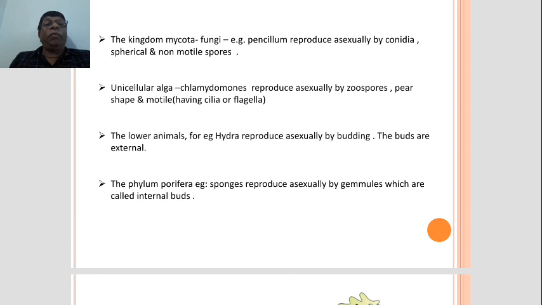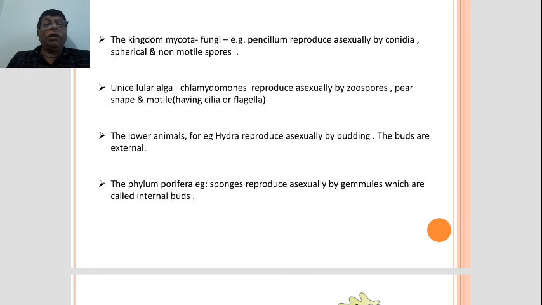Conidia are produced in the kingdom fungi, zoospores are produced in algae. This is how you make four differences for 2 marks. So that's all with respect to asexual reproduction in lower plants.